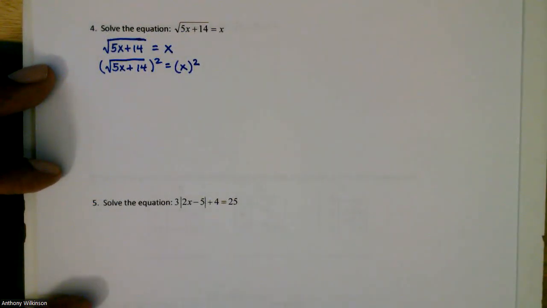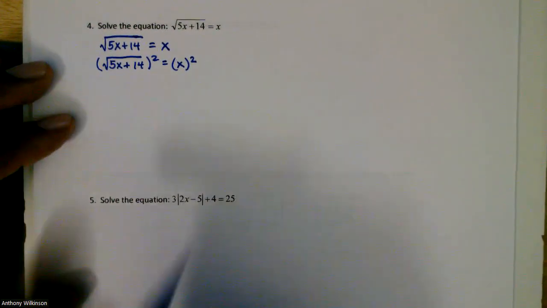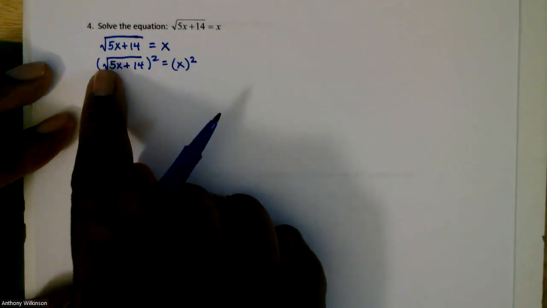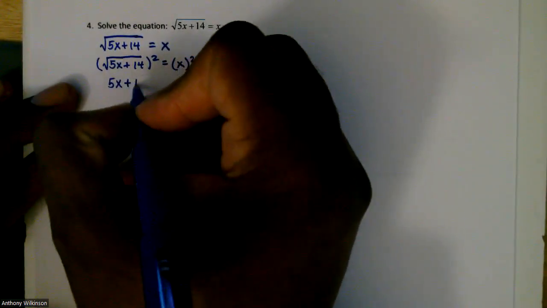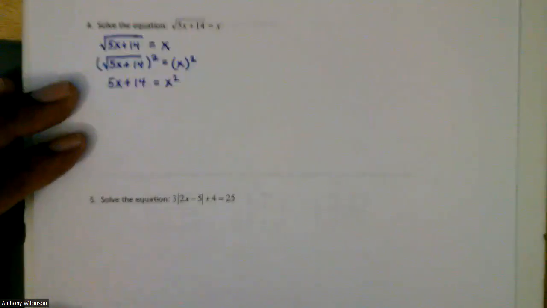Take the square of both sides of this equation. So in this case, when I square both sides, on the left side the radical will be gone when I square it. So I'll be left with what's underneath it, 5x plus 14. And that's equal to x, and x squared will be x squared.